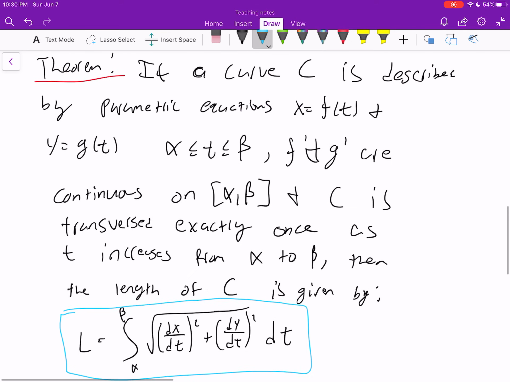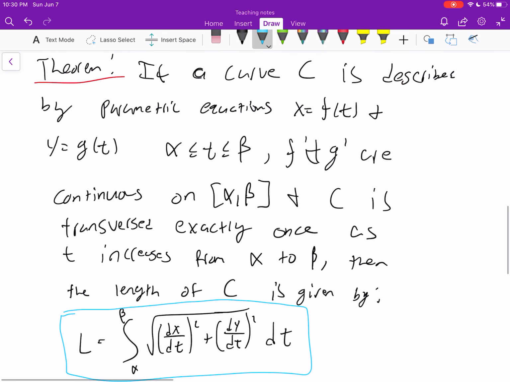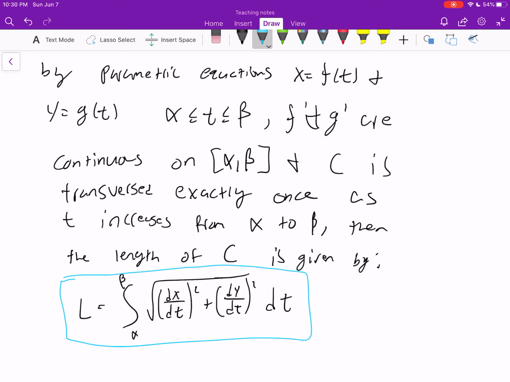Okay, so let's talk about why some of the stuff in the theorem is important. Obviously you want continuity and continuity of the derivatives. That's nice. But the thing that I hadn't mentioned before is it says traversed exactly once. I'm going to do an example in the next video where we see what happens if that's not the case.